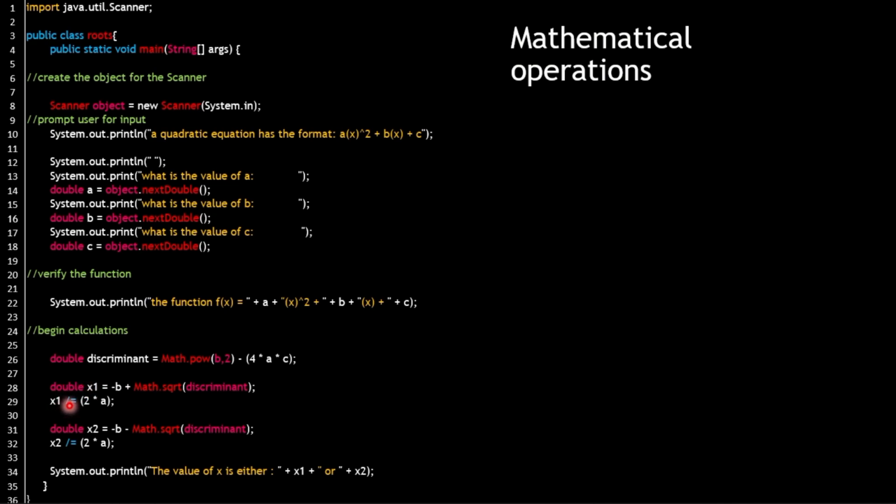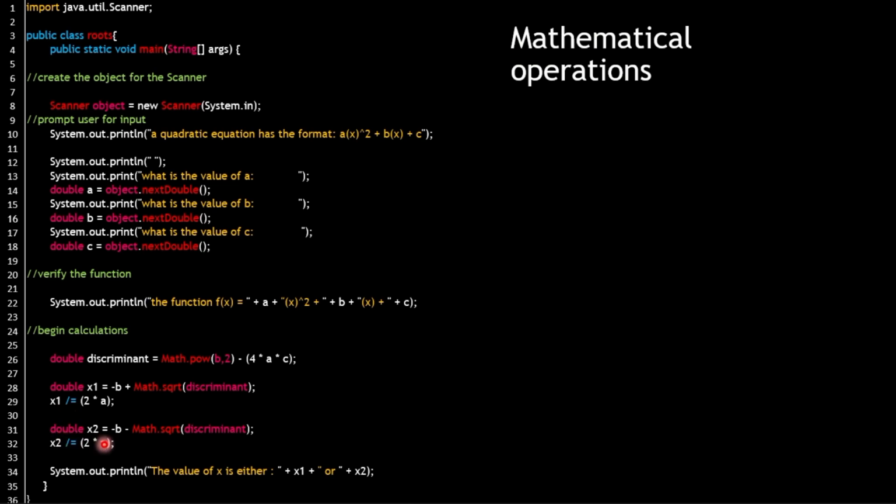We say x1 divide by 2 multiplied by a, right? So our new value of x1 is going to be equal to the value that we get when we divide this value by this one. So that's what we've done here. We've used an augmented operator there.